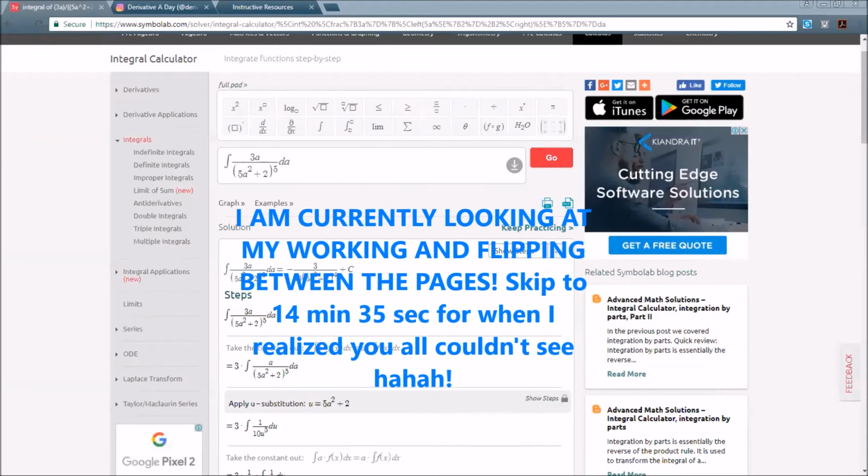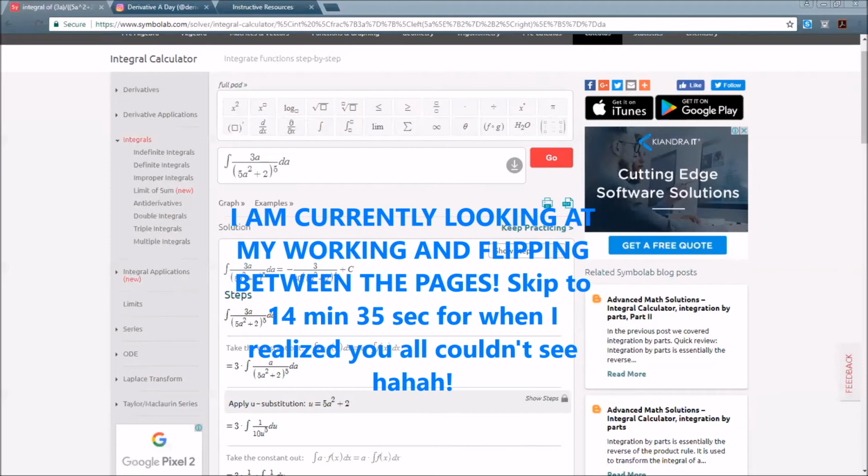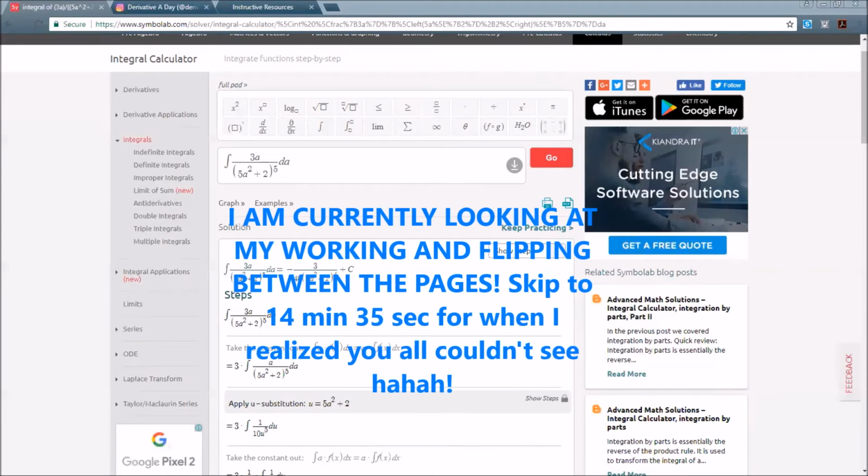And made it equal to negative 3, and then 40 times, and now our u expression, 5a squared plus 2.